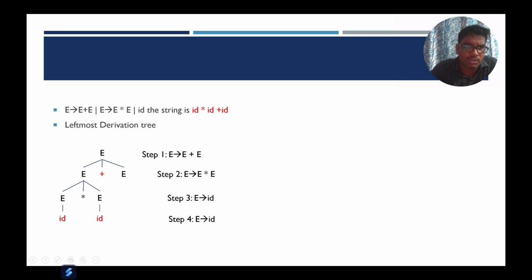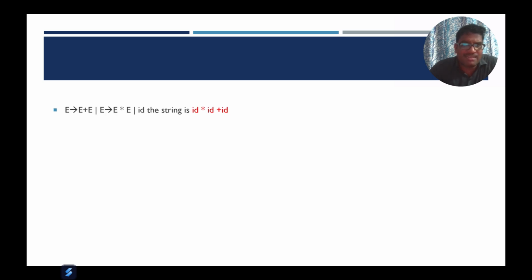Now I have to substitute ID here in the rightmost non-terminal. So in step 5, I'm going to consider E tends to ID. At the place of E, I'm going to substitute the ID. So finally, I got ID star ID plus ID by using the leftmost derivation tree. Clear?